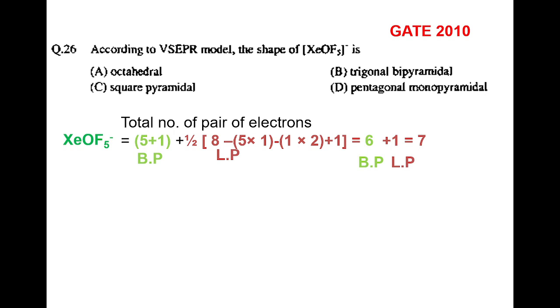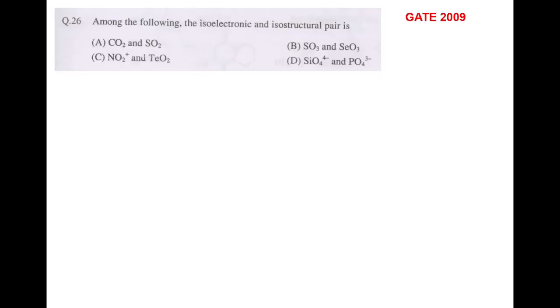So we'll get 6 bond pair, 1 lone pair. So the shape will be pentagonal pyramidal, same as monopyramidal. The answer is D. So in this way we can predict the shape of a molecule by calculating the number of bond pairs and lone pairs of electrons.